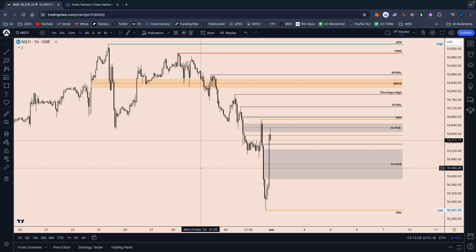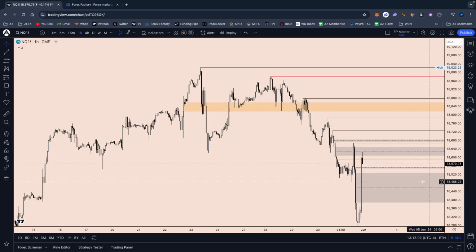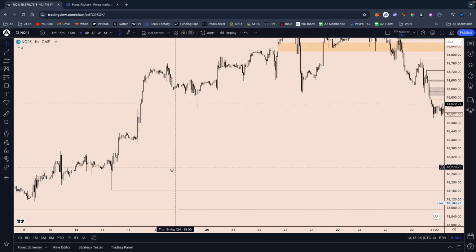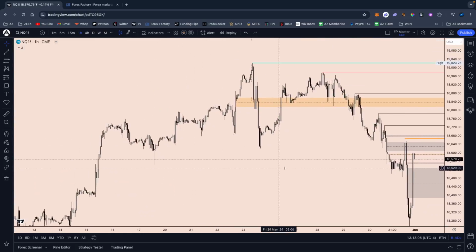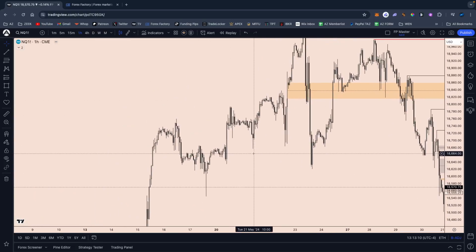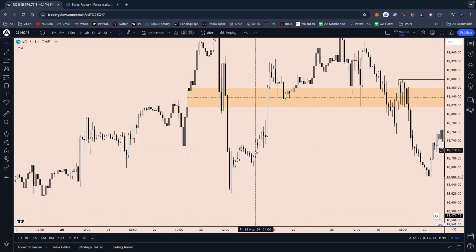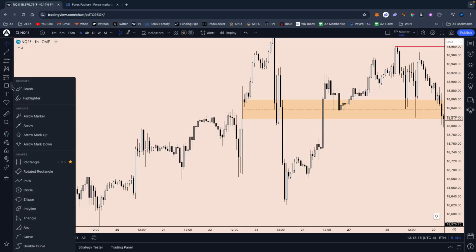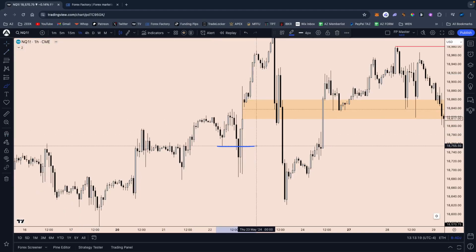If you know what I mean, like for example, right here, we took out liquidity, that's for sure. Yes, we missed some daily sell side liquidity targets, but essentially it's similar to this right here, what we saw last week. We took out sell side. Let me use the drawing tool, that's quicker. We took out sell side, but we left behind sell side right here. So now we had this inversion fair value gap.